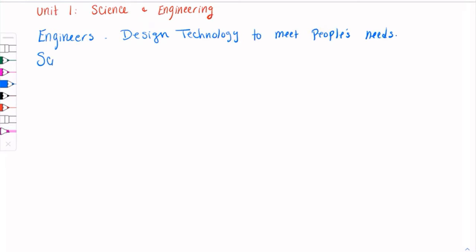Scientists design experiments to answer questions.